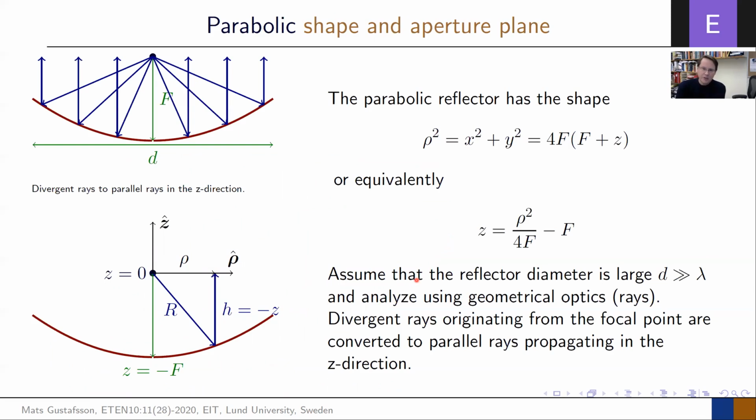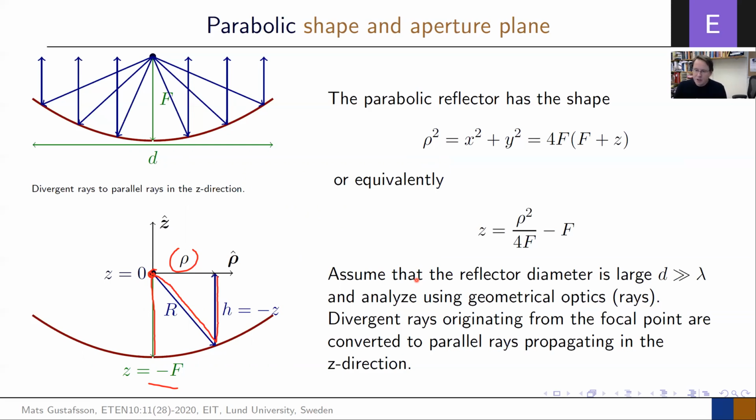And if I want to see that, of course, I can calculate it. Looking at my radiation, I have a coordinate system. I put Z0 at this point, so here Z is equal to minus F. That's where I hit the parabolic reflector. Then I put this distance rho in the X and Y direction, and I can sum up the length of this one plus the length of this one.